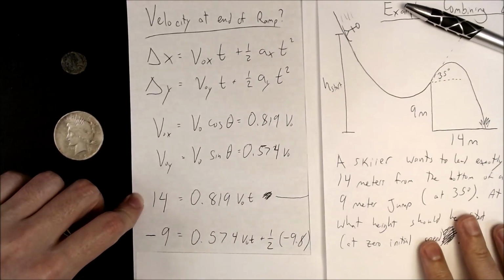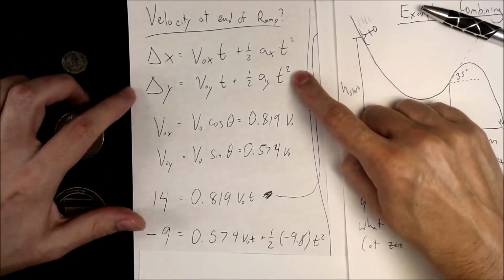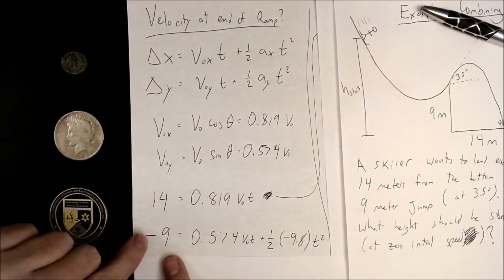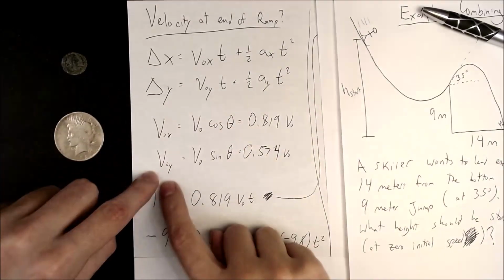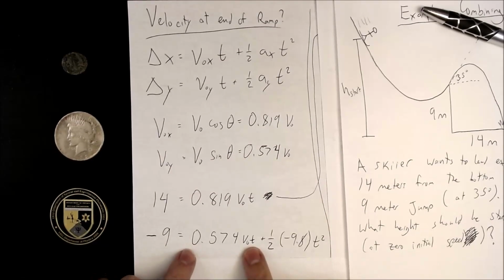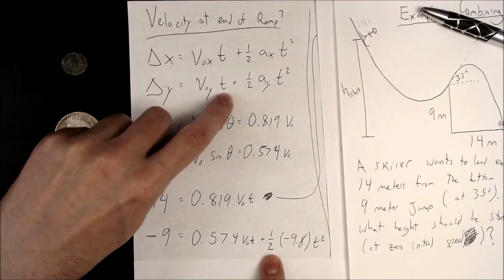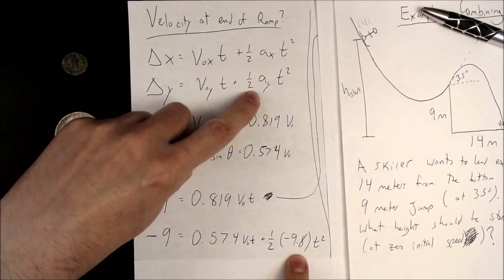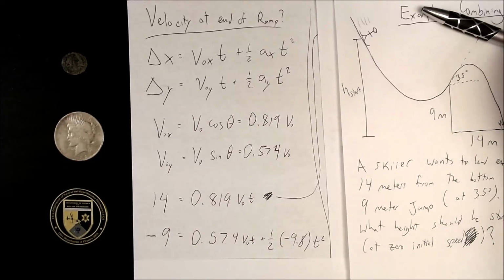And then for y, we have -9 is equal to v naught y, but v naught y is 0.574 v naught, so that's there, times t, plus 1/2 times a y, -9.8, times t squared.